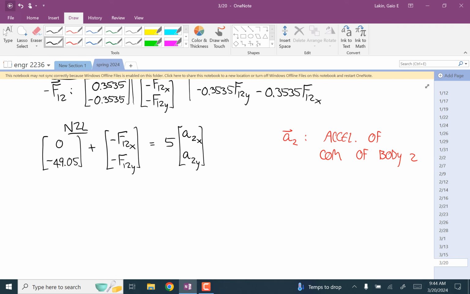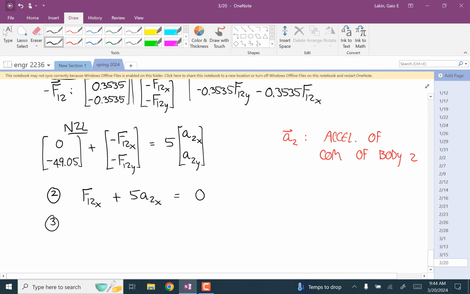Okay, so our second equation, remember we're just working towards this big system of equations, says f12x, just moving everything over to the right side, plus 5a2x is equal to 0.